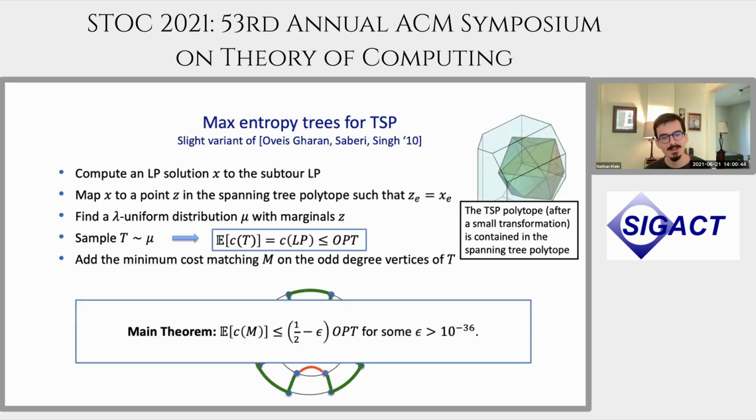And so now our entire goal is just to show that the cost of the matching is a little bit less than half of opt in expectation. And since the tree costs at most opt in expectation, this would give a randomized 1.5 minus epsilon approximation. And I want to mention that Christofides' algorithm, this one from the 70s, is actually the same, except instead of selecting a random tree, it selects a minimum spanning tree.